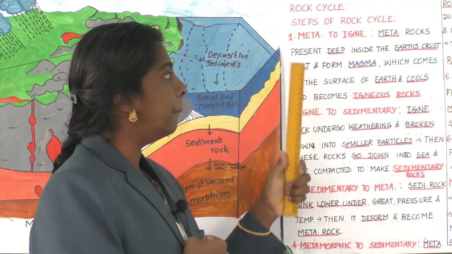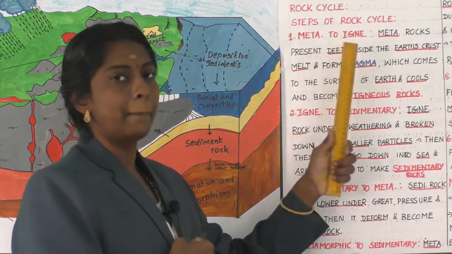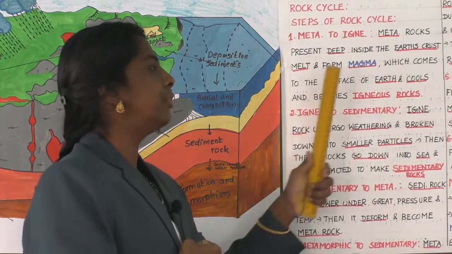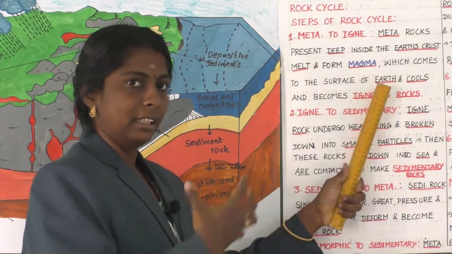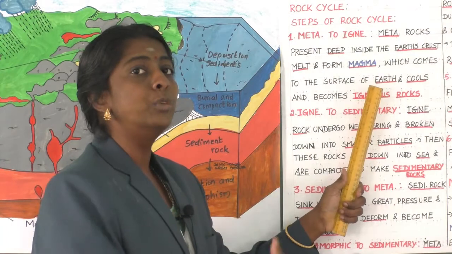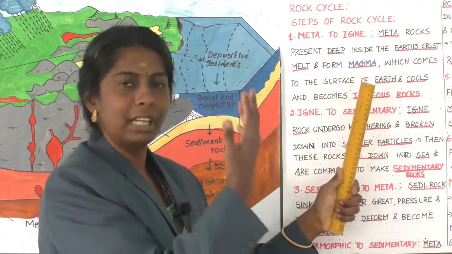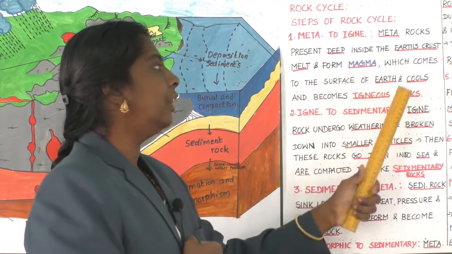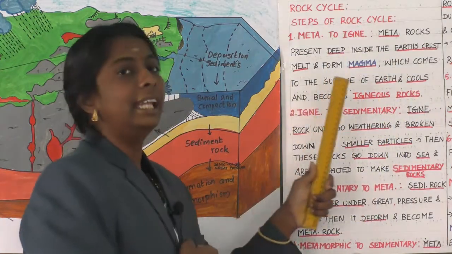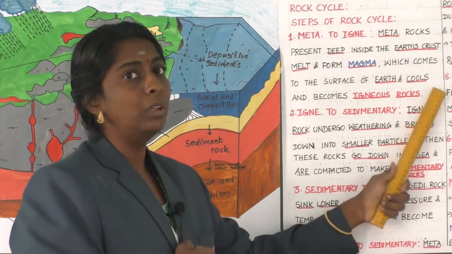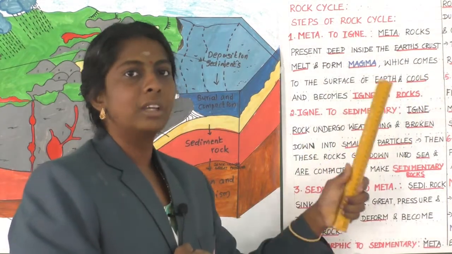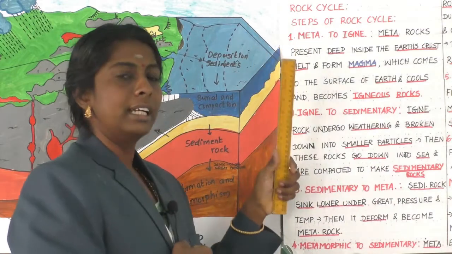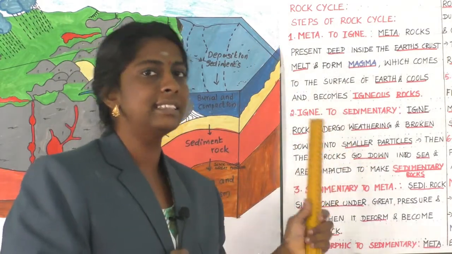So it will melt and form magma, which comes to the surface of earth. Then the melted magma is moving up towards the earth, and then it will cool and become igneous rock. So, this is how first metamorphic rock is transferred to igneous rock.